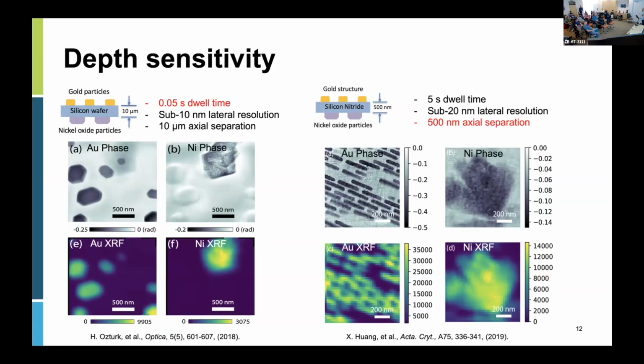We collected one ptychography data set using multilayer Laue lens focusing optics. Those two sample layers are separated by 10 micron along the beam direction. And this 10 micron separation is far beyond the depth of focus of the optics system we used for this measurement. Using the multi-slice ptychography algorithm, we can reconstruct the two planes with sub-10 nanometer resolution.